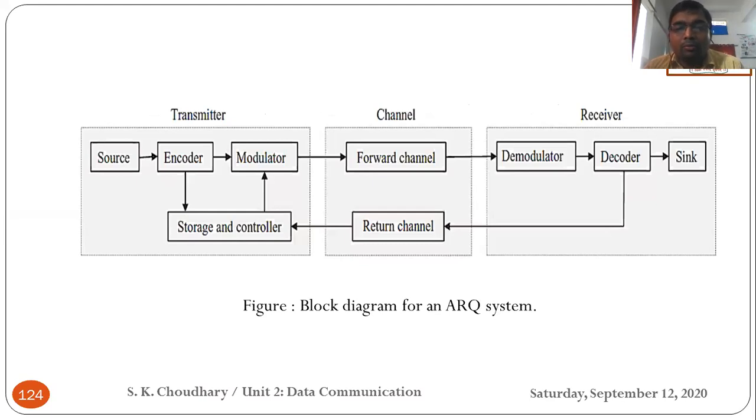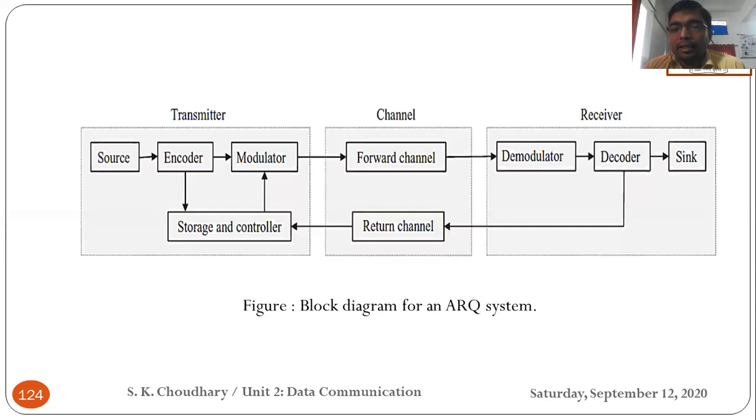It would be encoded using the various techniques we have learned: block coding, cyclic coding, convolution. There are multiple coding techniques that encode the message into the binary format, and then it is passed through the modulator that converts the binary pattern to the electrical signal, and this signal is transmitted with the help of wireless or wired media through the channel.